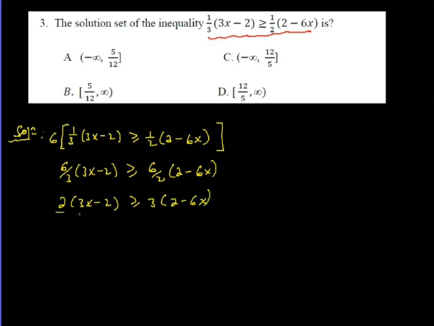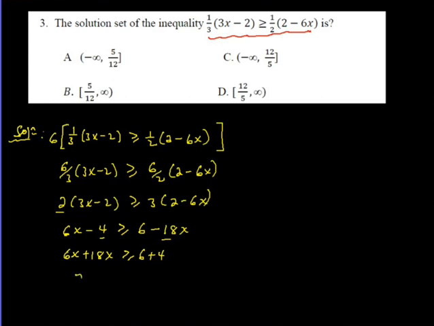Now distribute this 2. Now when we distribute, what will happen? 6x minus 4 is greater than or equals to 6 minus 18x. Okay, so collect like terms. What will this be? 6x plus 18x is greater than or equals to 6 plus 4. The minus moves to the left and becomes plus, and this minus moves to the right and becomes plus.